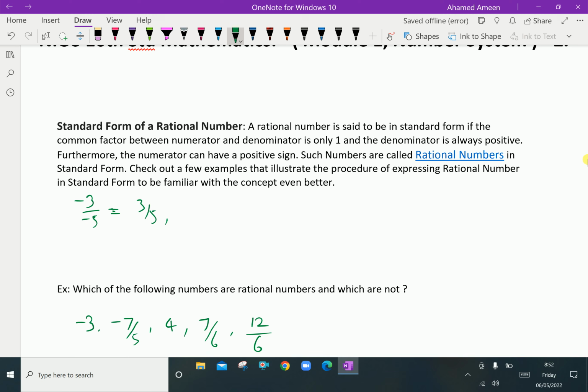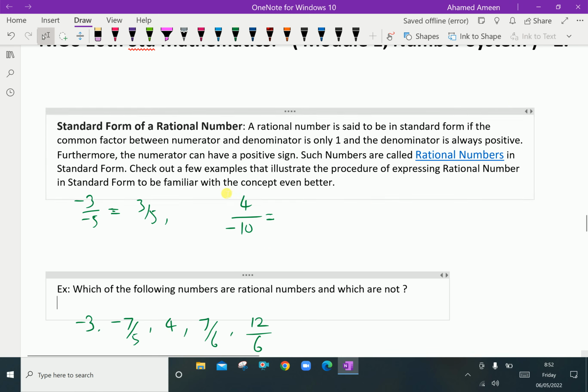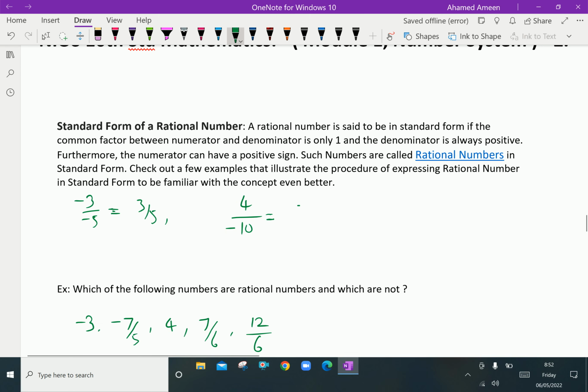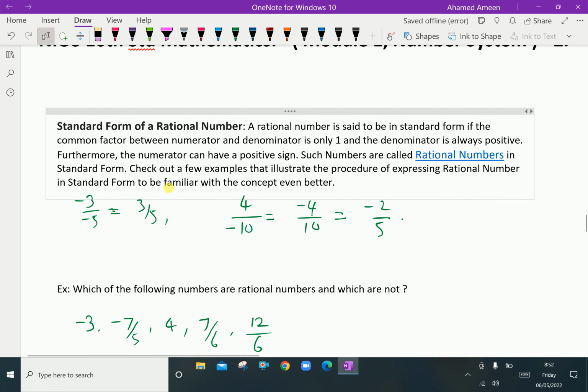One more, 4 over minus 10. Normally we keep the minus in the numerator, so you have to multiply up and down by minus, so it gives minus 4 over 10, which is further divided by 2, giving minus 2 over 5, the standard form of 4 over minus 10. That means in standard form, if there is a minus, it should be in the numerator.